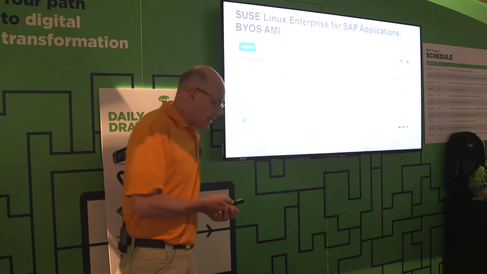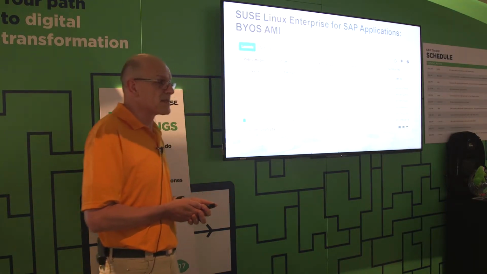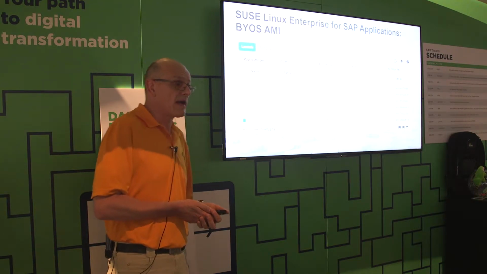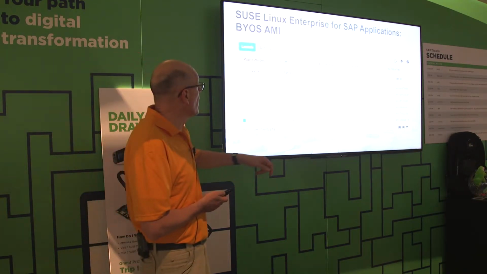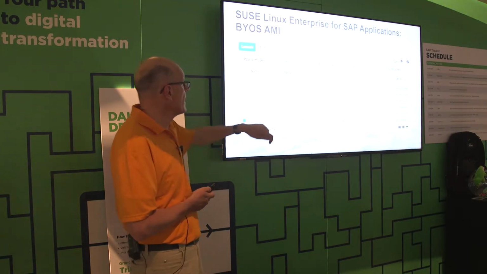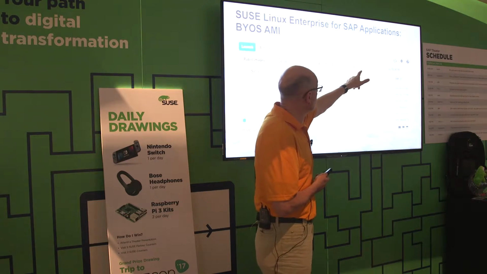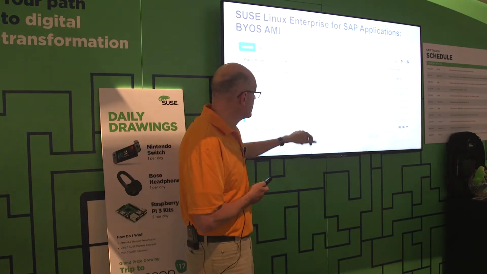SUSE Linux Enterprise for SAP applications also comes as a bring your own subscription AMI. Finding this AMI takes a bit more work. You'll have to go into our AMI directory and search for SUSE Linux bring your own subscription for 64-bit, and then pick the one with the latest date.